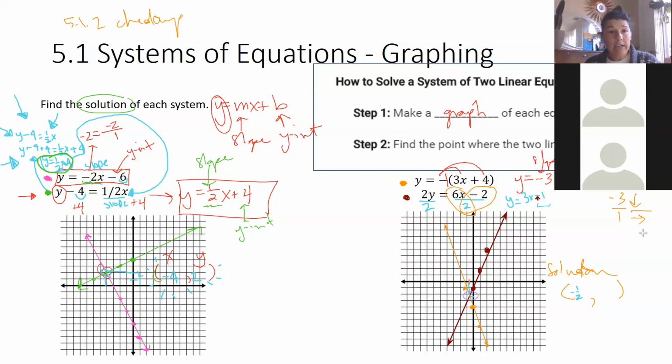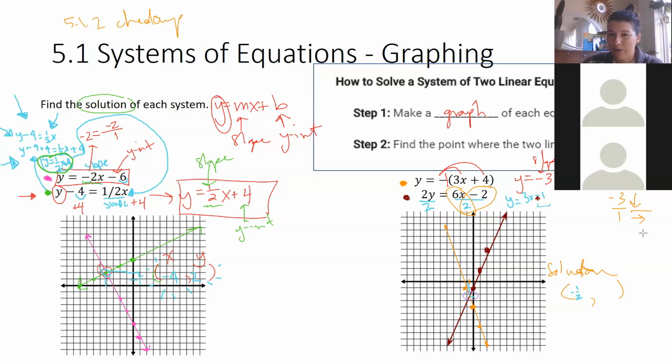Okay, so we are finding one of the challenges of using the graphing method is sometimes if the line doesn't pass through exactly a coordinate pair, you can't really be certain that you have the exact solution. So that's why algebra was invented. No, not why it was invented, but a great use of algebra.